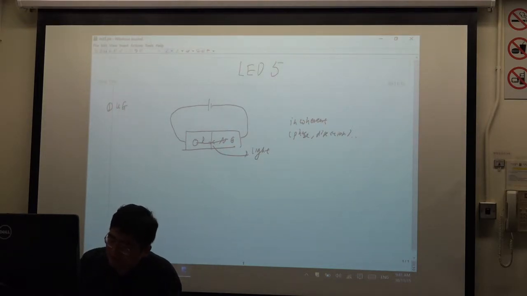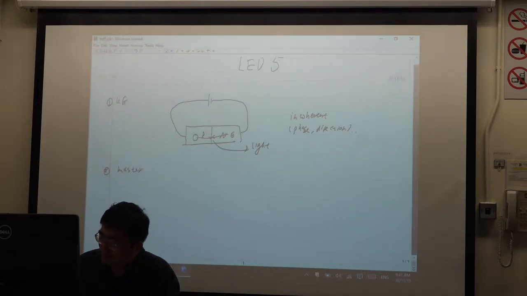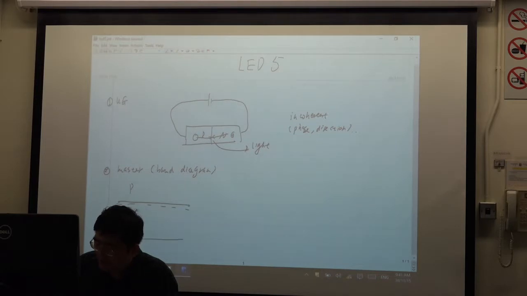But if you're a master's student, I think the situation is quite different. A master's student should understand what we call the band diagram in semiconductor physics. For P type, there is a valence band and a conduction band. This is P type, and it has a Fermi level, E_F.